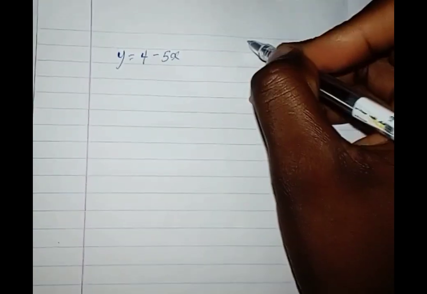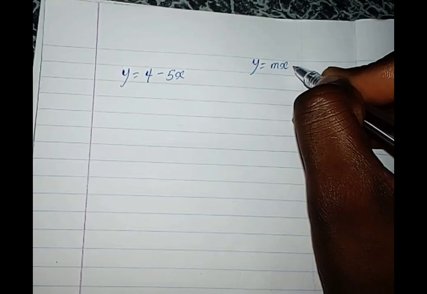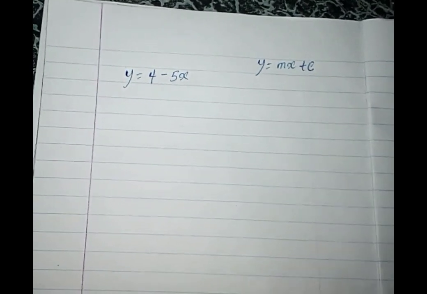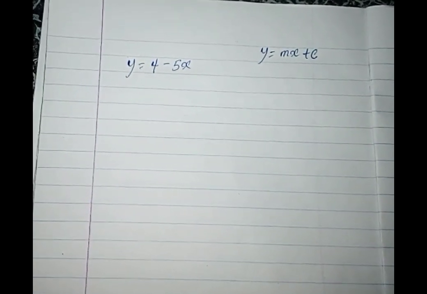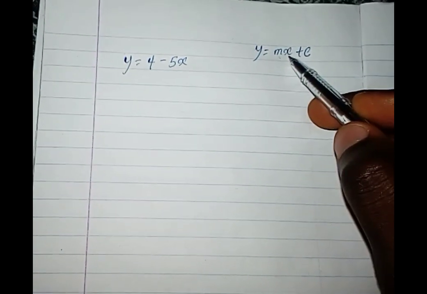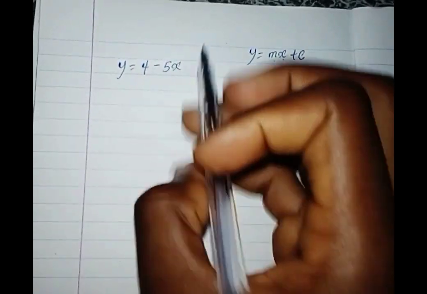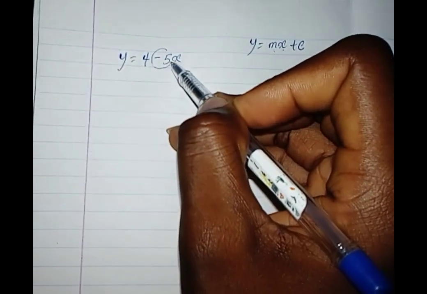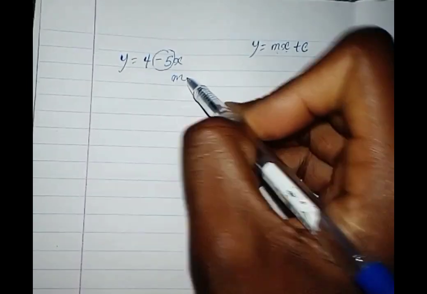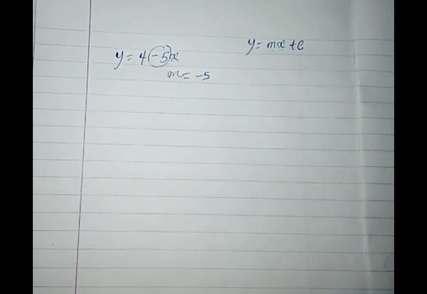And remember from the general equation where I said y equals mx plus c, where c is the intercept made by the y-axis with the line, and m, which is the coefficient of x, is the gradient of the line. So the gradient of this line is simply the coefficient of x, which is equal to -5. So that is the answer to the question.